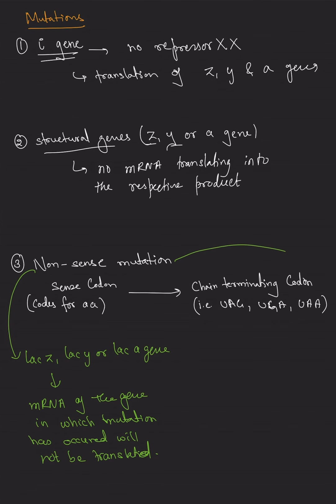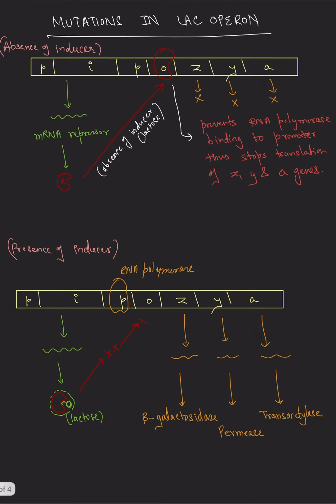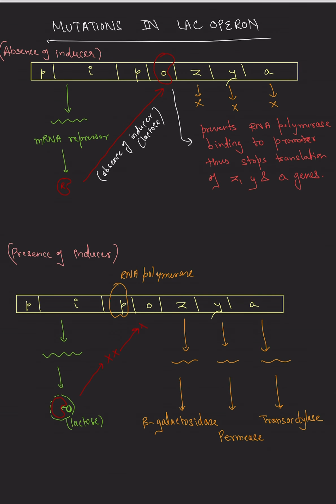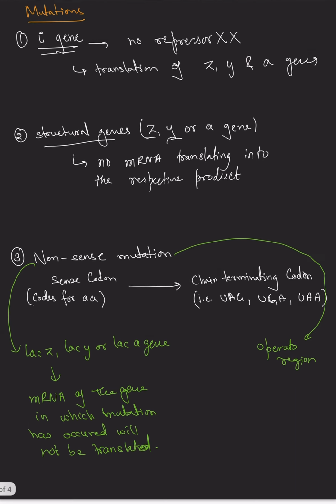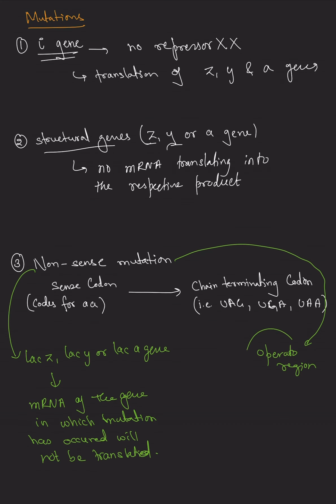And let's say this nonsense mutation occurs in the operator region. If you remember, this operator region is the part where the repressor molecule binds, right? So if changes occur in the operator region, the repressor will not be able to recognize that operator and will not be able to bind to it. So there will be no binding of the repressor to the operator part.